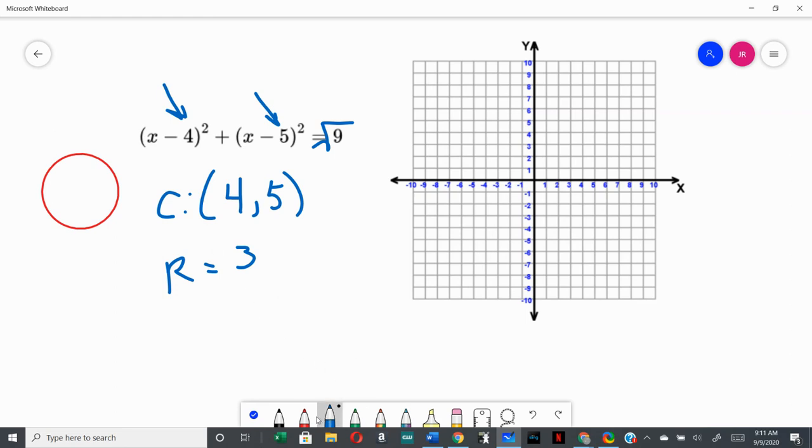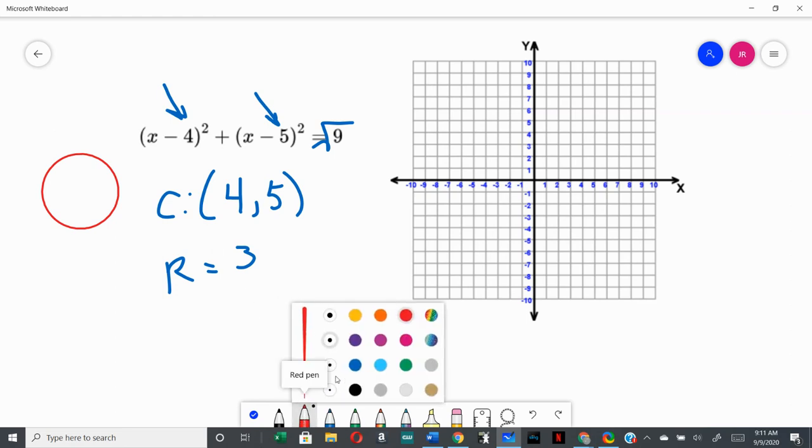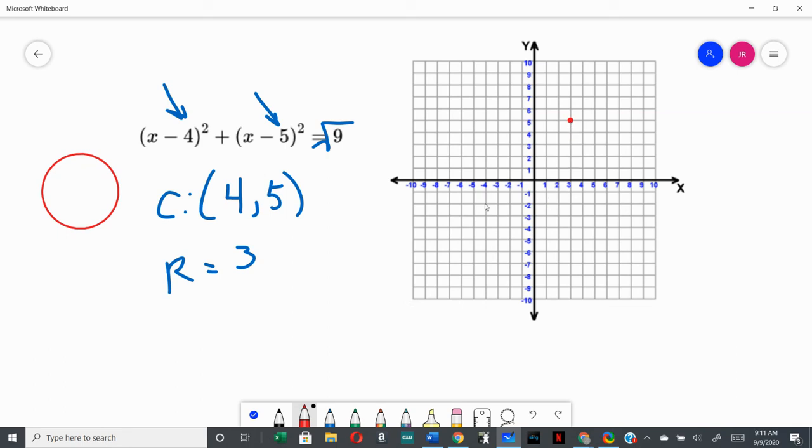I'm going to plot (4, 5). Make sure you plot them in the correct order. I'm going to count 3 units in all compass directions, 1, 2, 3 each way, and then just grab your circle and draw it.